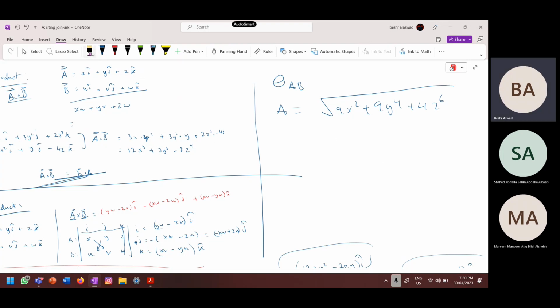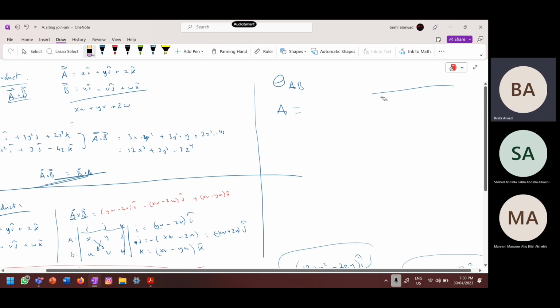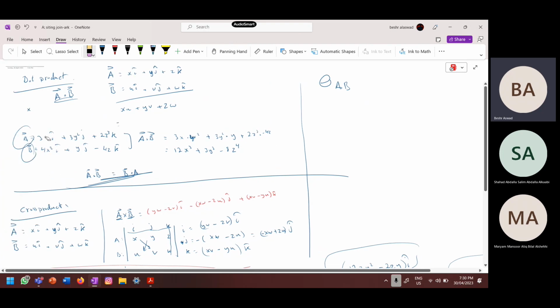You won't get this, so I will use a different vector. Sorry for that. Let's say you have these vectors, but instead of having x and y, you'll not get any y and x.